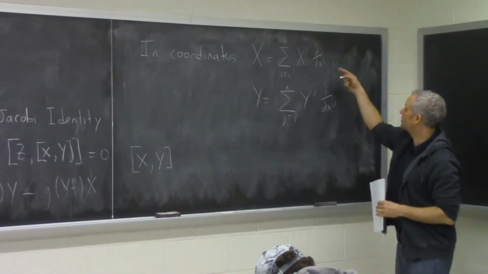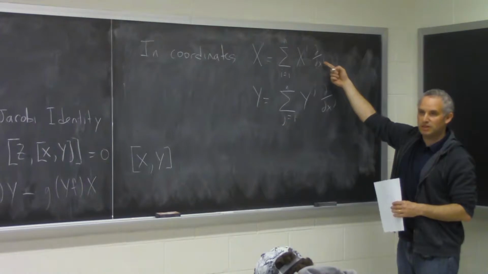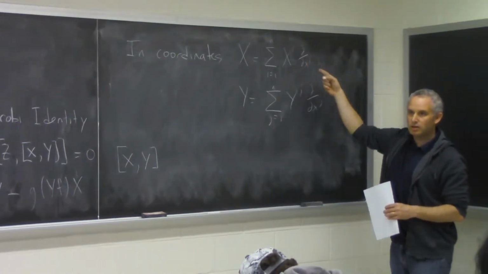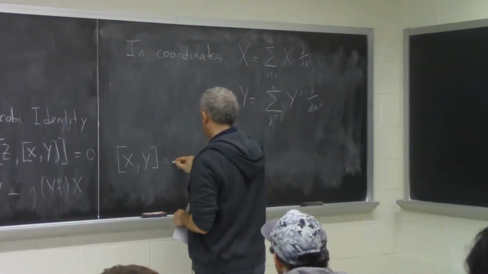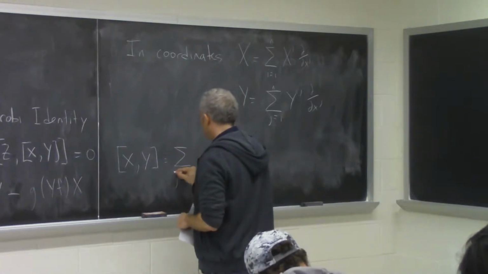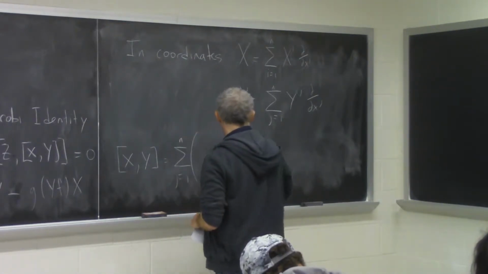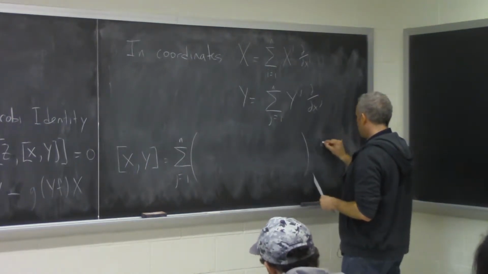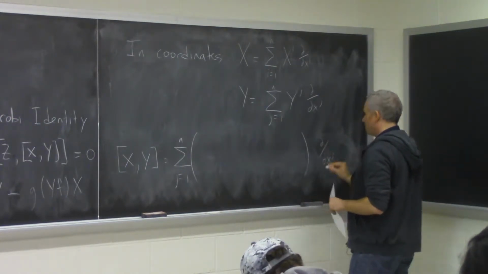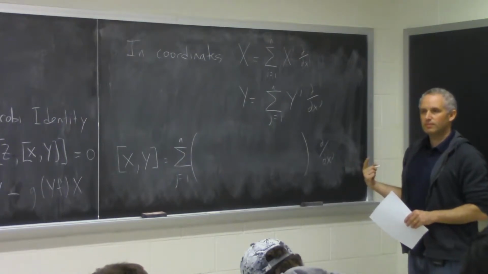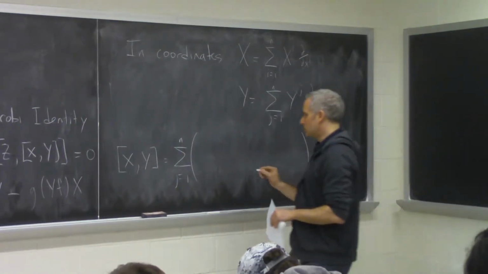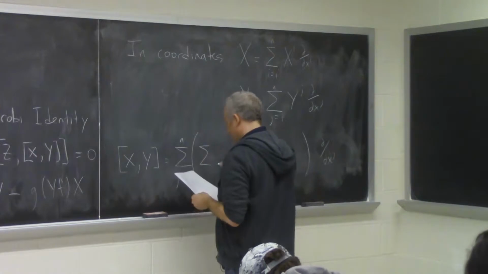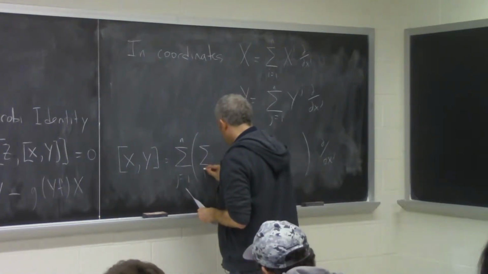Like any vector field, it should be a linear combination of the d by dx's. Right? So it should look like sum j equals 1 to n, and then we have some coefficient, and then we have d by dxj. So what is this coefficient function? So it's the following thing, which is easy to compute.